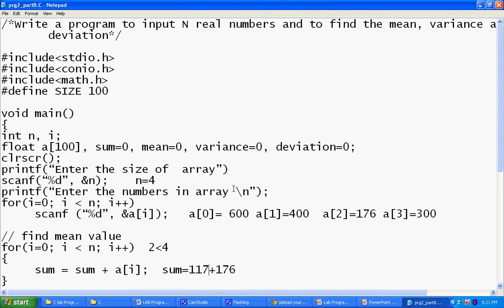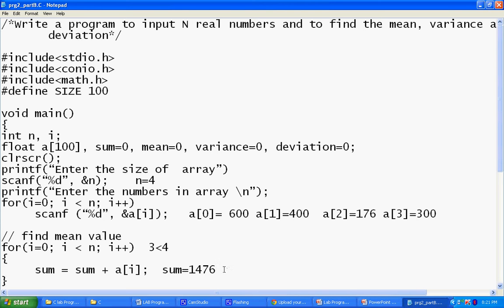Once again, the loop continues where the value of i will become 3. 3 less than 4, the condition is true. Sum is equal to sum plus a of i. As the value of i is 3 here, a of 3 now contains 300. So substitute the value here, 300. 300 plus 1176 becomes 1476. This is the value which is stored here.